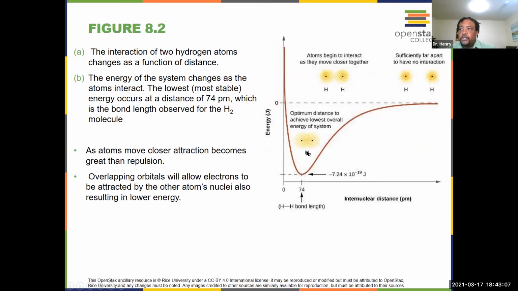As we start moving the hydrogens away from each other, we shoot up in energy. Even though they're close, they're still high in energy relative to the diatomic. If we move them completely apart, where there's no interaction at all, that's even higher in energy. So hydrogen prefers to be a diatomic because it is lower in energy compared to an individual hydrogen atom by itself. Do you get that?